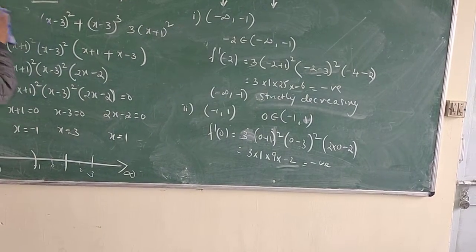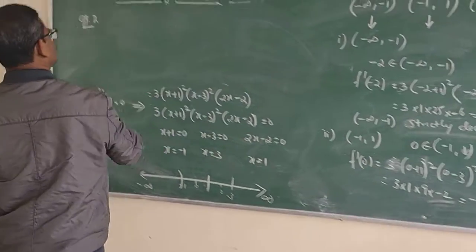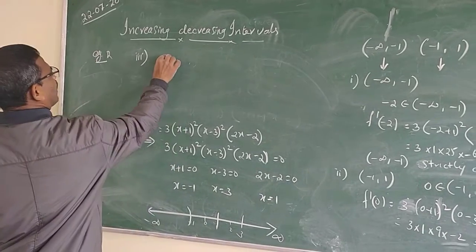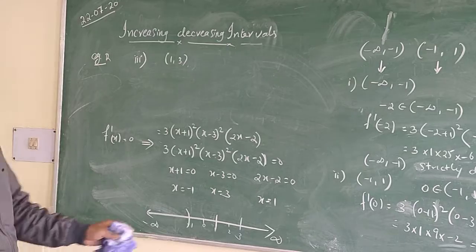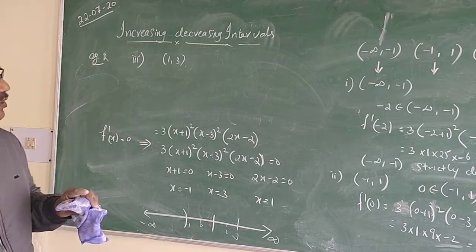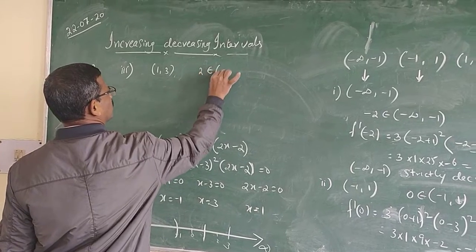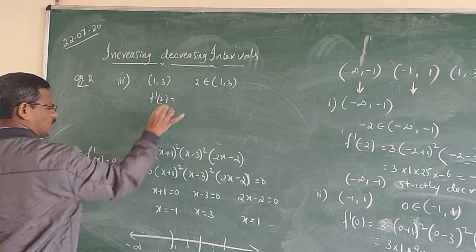Now see the other two. What about 1 to 3? We will take a point of 1 to 3. One point of 1 to 3 is 2. And what is f'(2)?